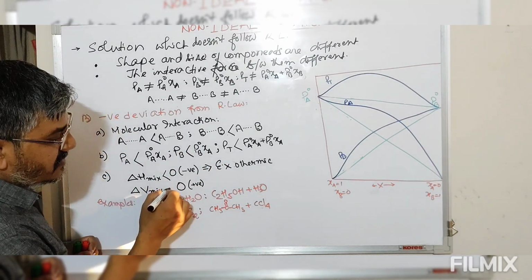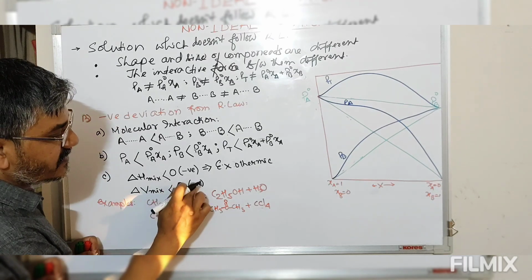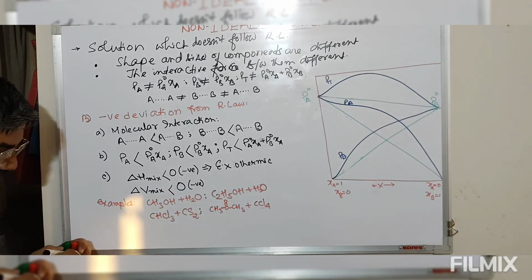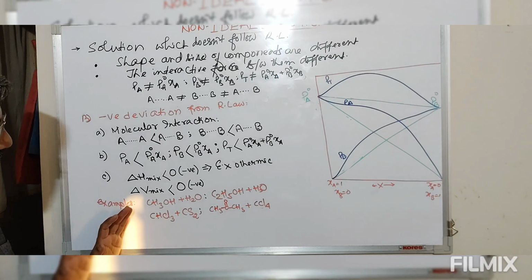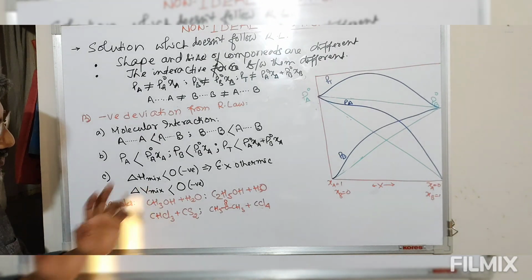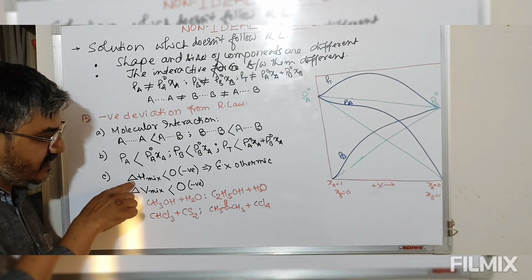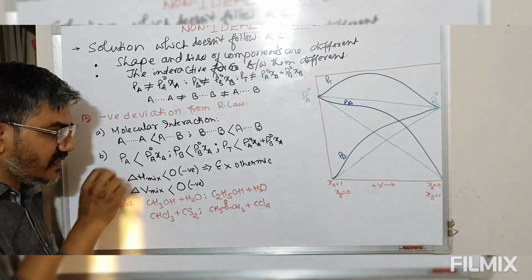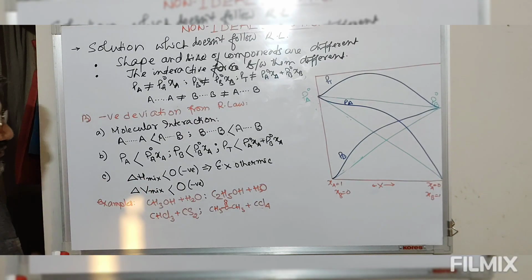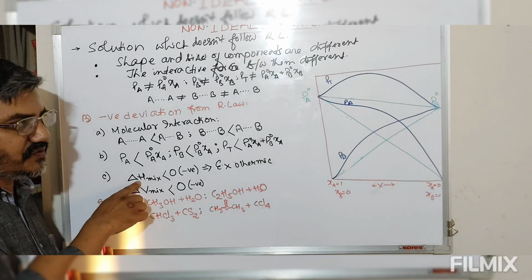Delta V mixing is also less than 0, and we say this is negative. Now we have to explain why this enthalpy is less than 0 and why the volume is less than 0. First of all, let me explain why the enthalpy change for this mixing is less than 0.